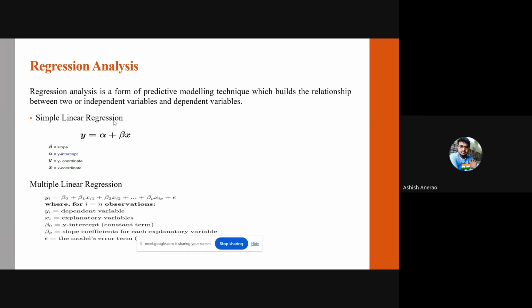Same here, alpha indicates intercept and beta indicates slope. The simple interpretation of beta is: when a unit change takes place in x, how much change takes place in y.